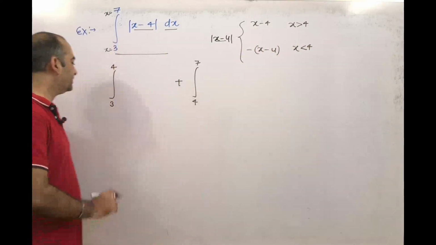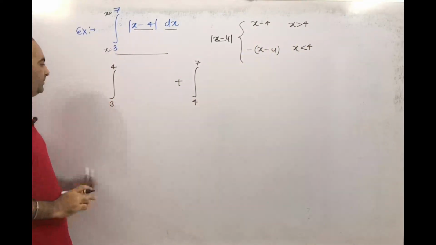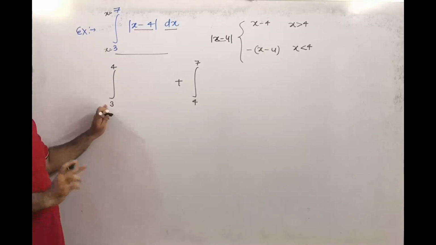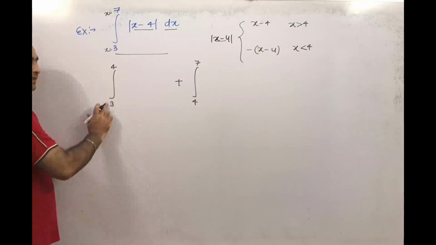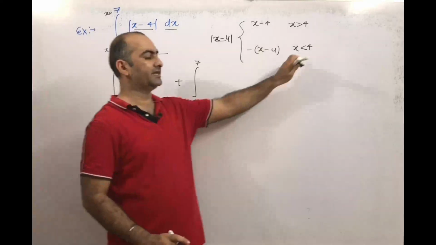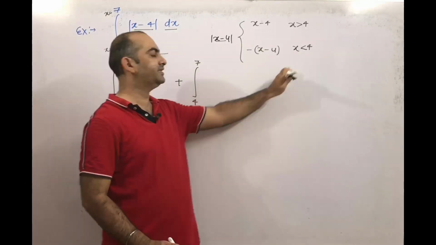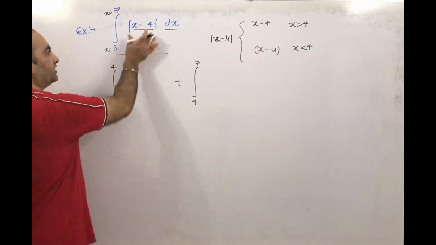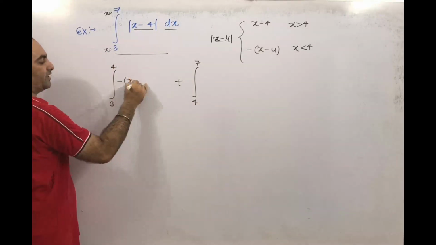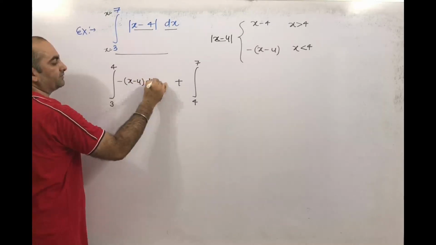So you can see 3 to 4. The limit is 3 to 4, that means x is from where to where? x equal to 3 to x equal to 4. In this interval x is less than 4. Then what is coming here? Minus of x minus 4. So we write integration of minus of x minus 4 dx.